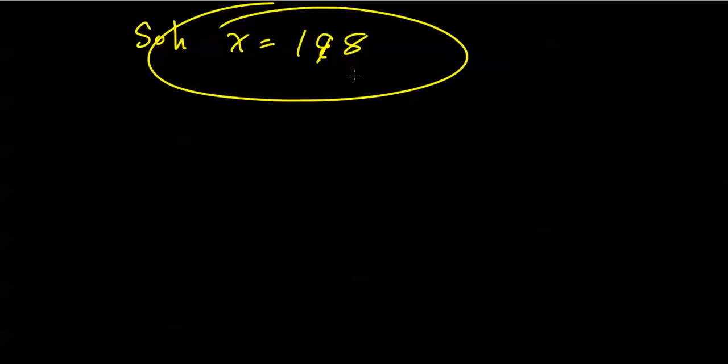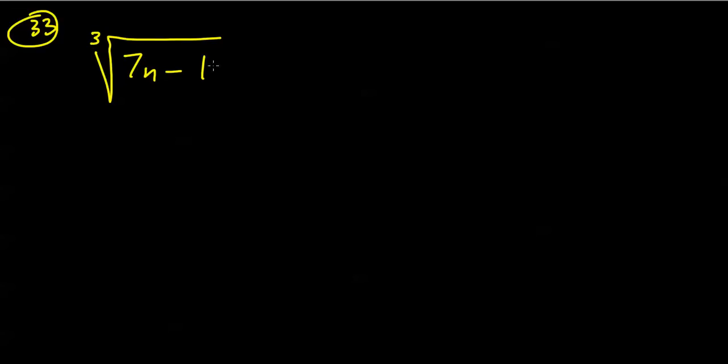Alright, let's do a couple more of these root type equations. I believe this is number 33 from your homework list. Now, again, square roots are not the only roots in the woods.